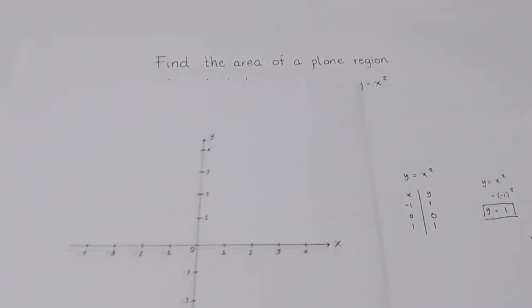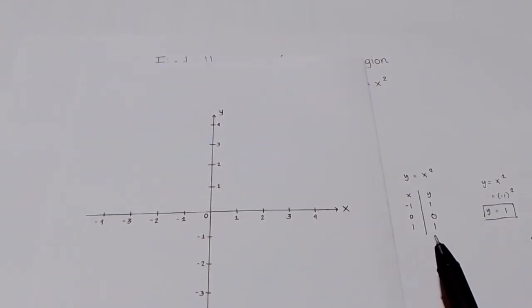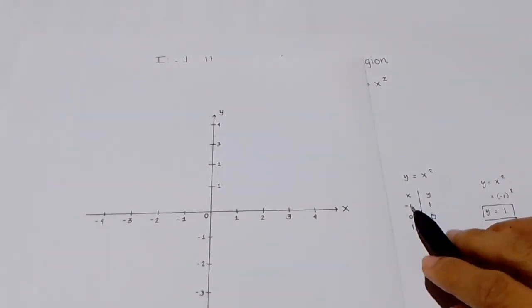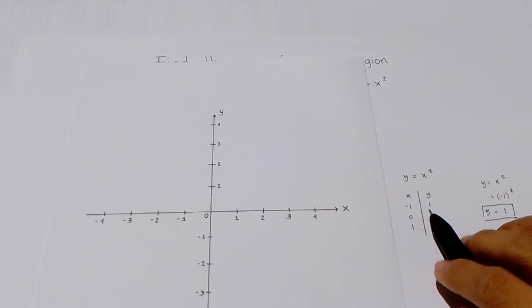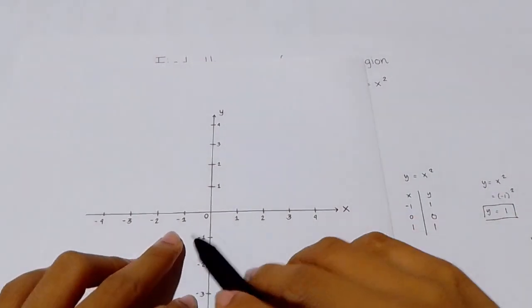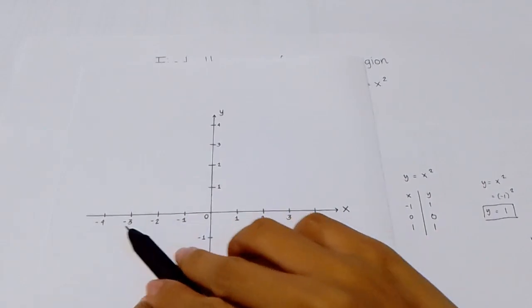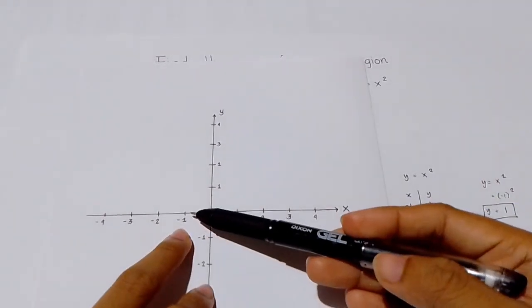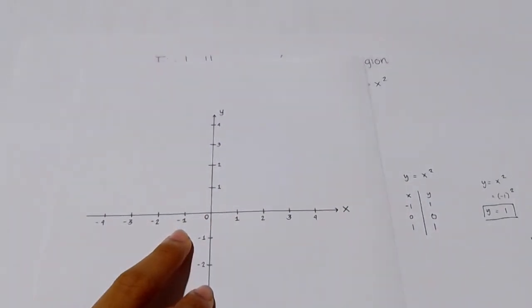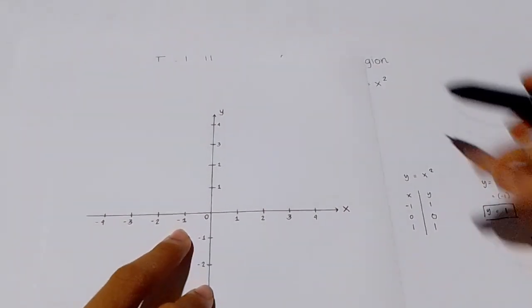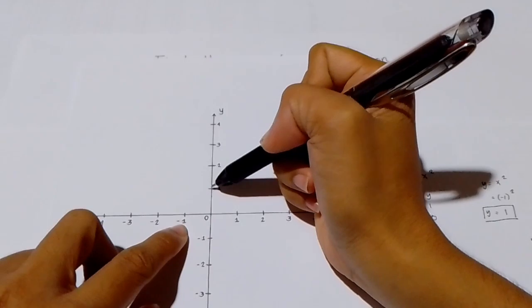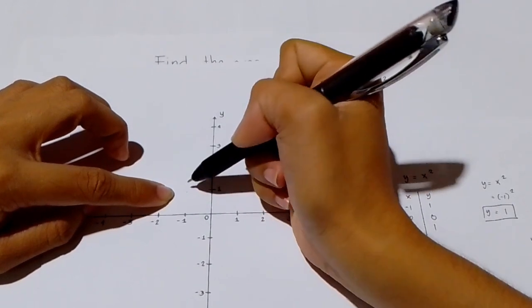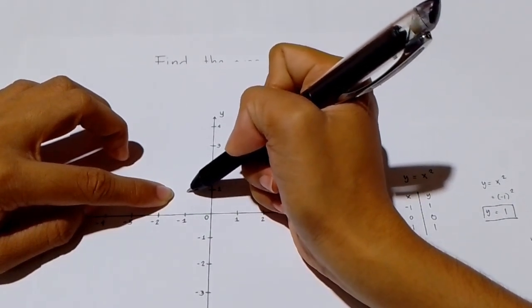So I have here a Cartesian plane. To graph this, we have x is -1 and y is +1. This is our x-axis and this is our y-axis. So when x is -1, our y is +1. The point is here.